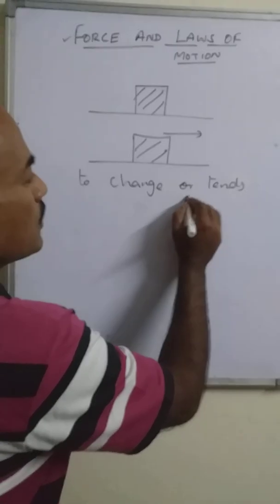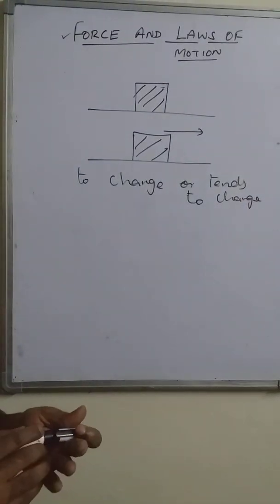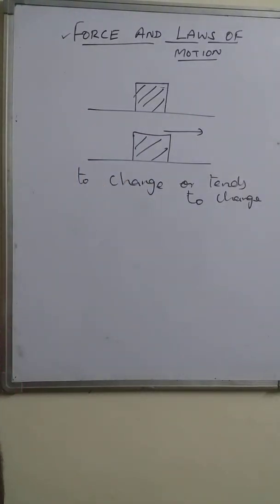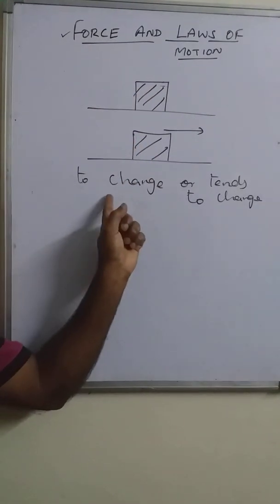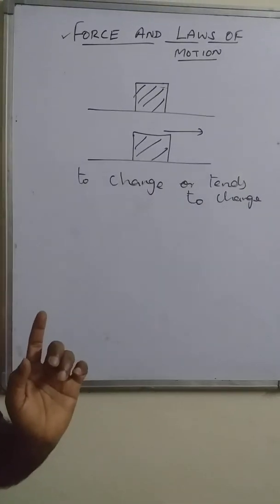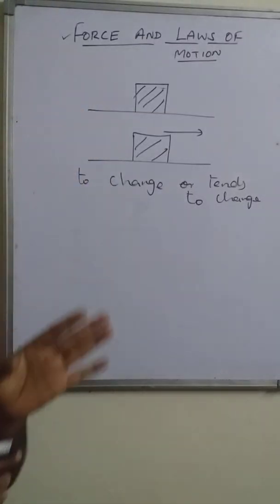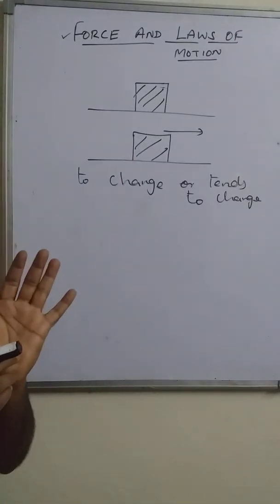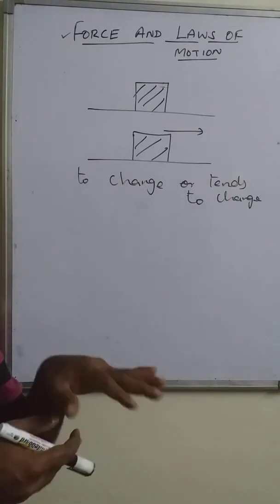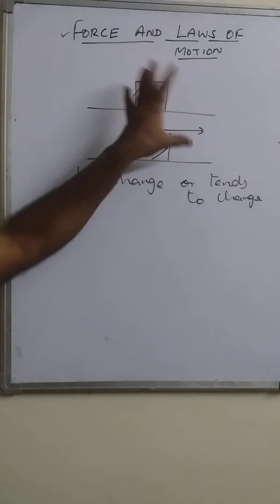Tends to change means if we use the external agent, that external agent may change the state or tend to change the state. It is not necessary that whatever the external agent is applying on this object, it definitely changes its state. It may or may not. That's why we use the words tends to change. That is the force.